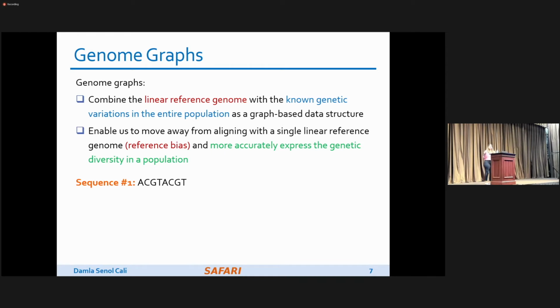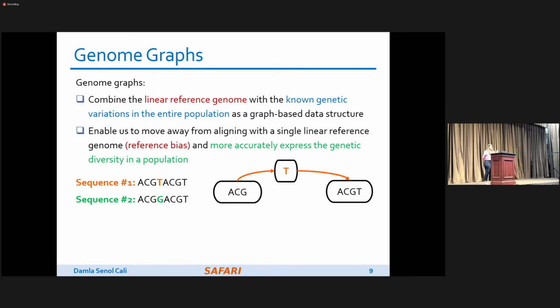Let's say this is our starting linear sequence, so we can start with a single node, but let's assume in the population we have also this alternative sequence where on the fourth position we observe a G instead of a T, so there's a substitution. What we can do is divide this node into two nodes for representing the common subsequences, have one path representing the first sequence and have another path for the second sequence.